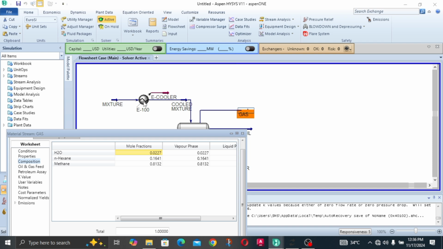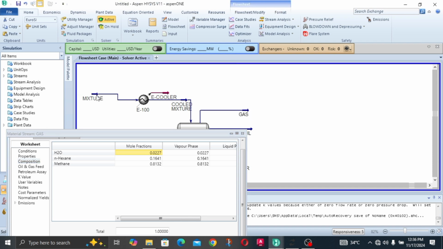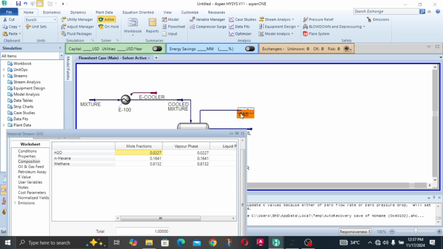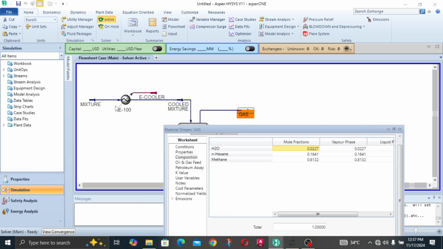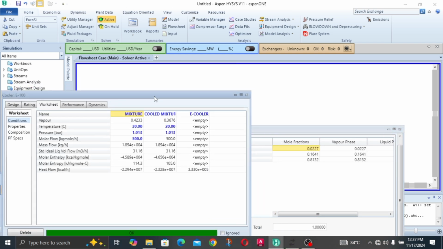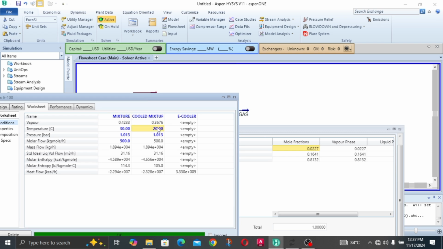So let's see if we could do a little optimization to drop it from 2% H2O down to like 1%. To do that, we will need to attain more condensation and we would simply cool more. So let's say it's 15 Celsius.